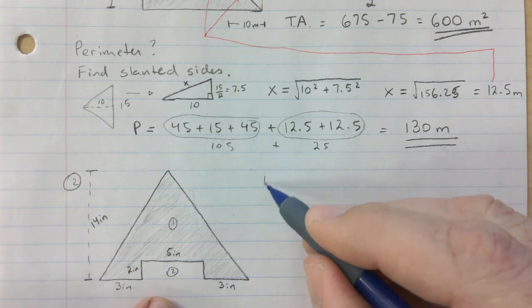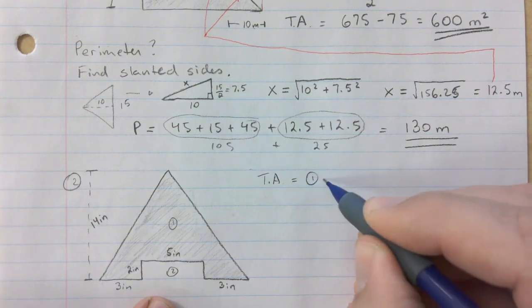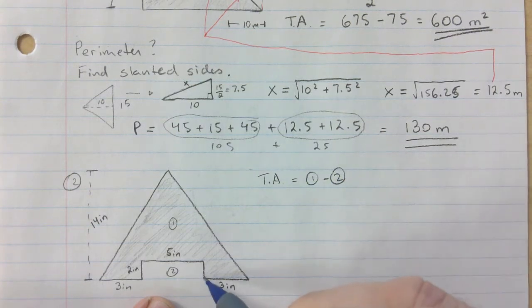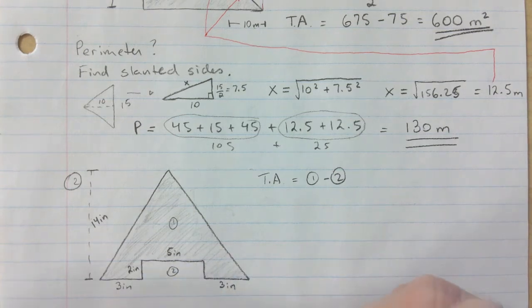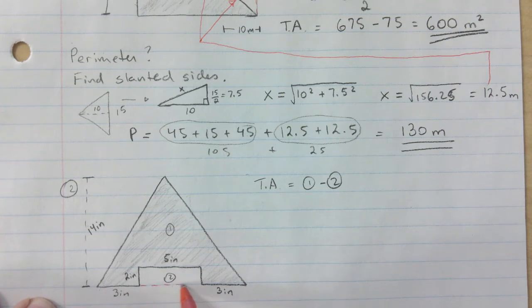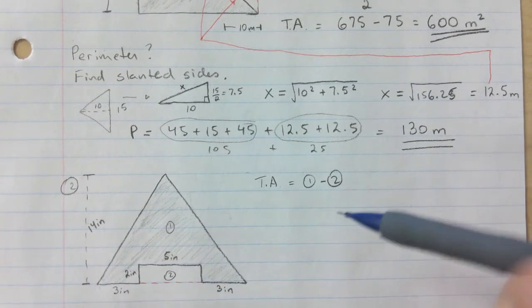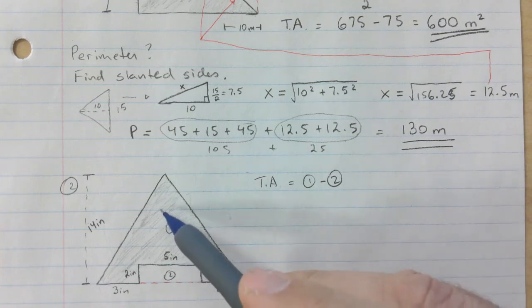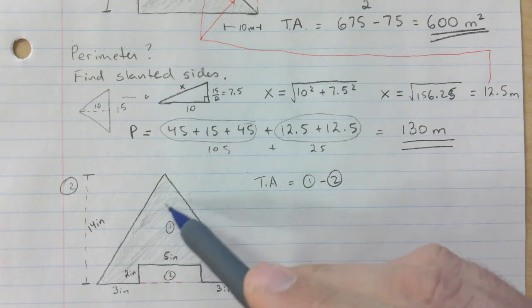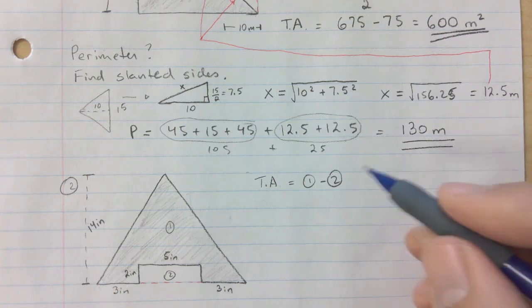So total area would be 1 minus 2. You have to recognize that you're taking away a chunk, and we're imagining this being there originally and then somebody cut it out. This would be a good letter A. I should have added another smaller triangle up here. We'll get creative down the road.